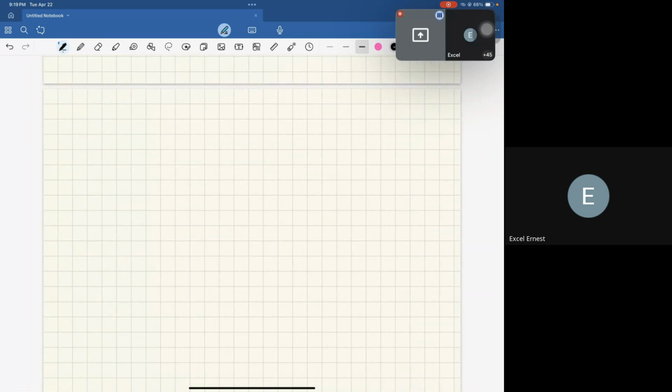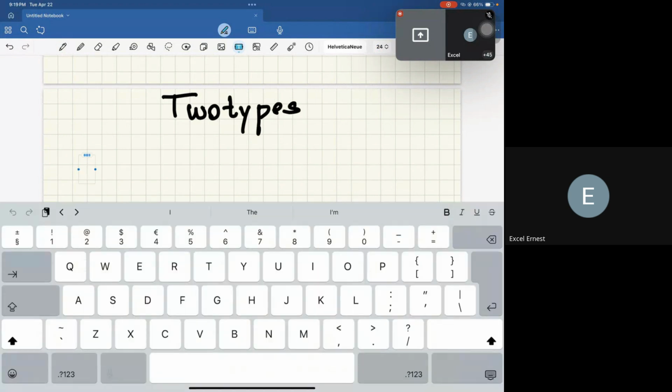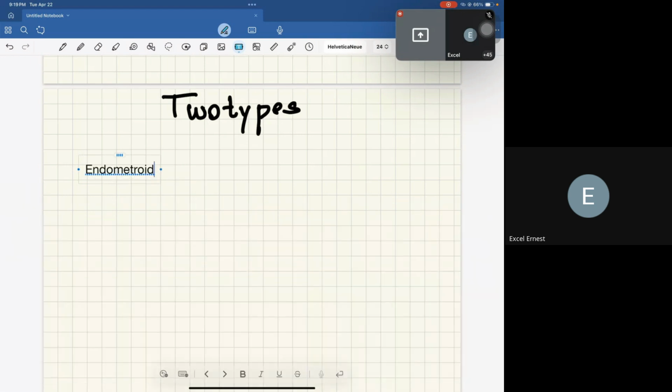Okay. So I told you there are two types of endometrial carcinoma. Let me just type it for you. One is the endometrioid type, and the second one is the atrophic type.